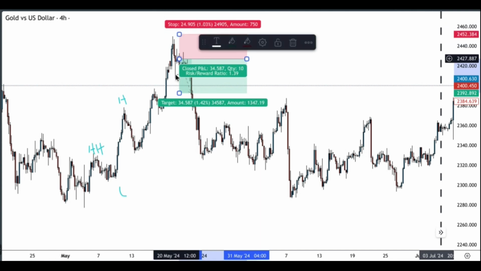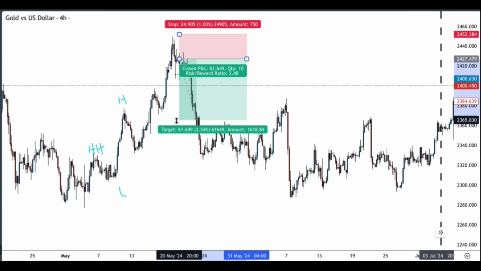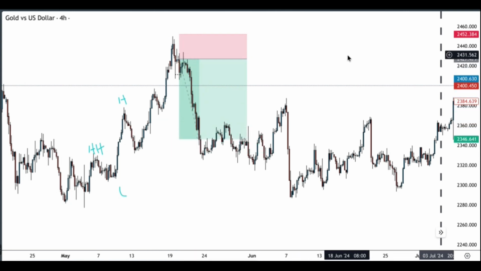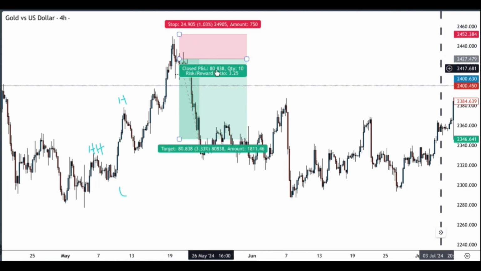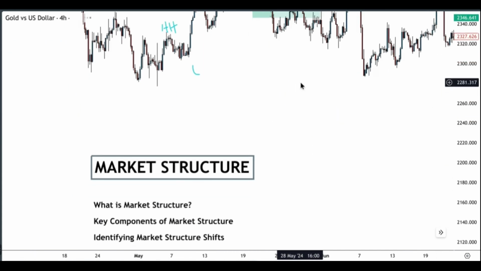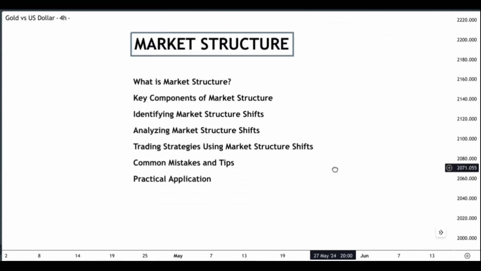You target maybe 1 to 3. And that's how we place the stop loss, just right about there. And that is it, guys. That's basically what market structure is.